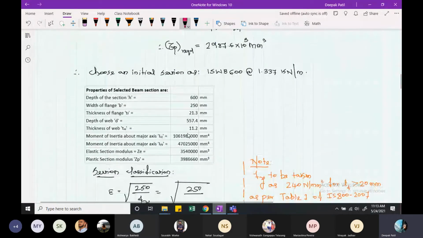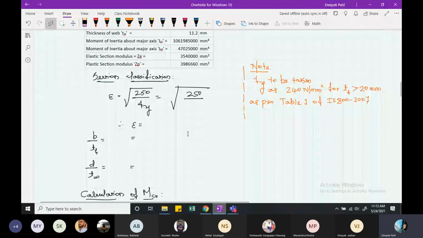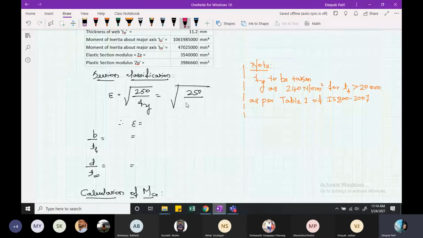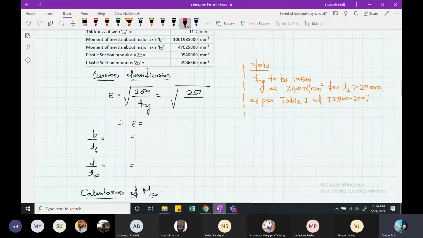Yes, sir. So when I do section classification, earlier I used to put epsilon equal to 1 because it was 250 divided by 250. But in this case, it will not be 1. Instead, it will be something else.